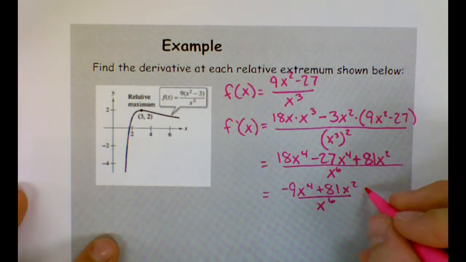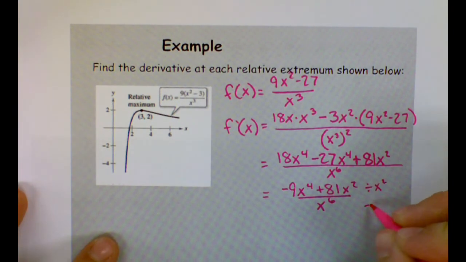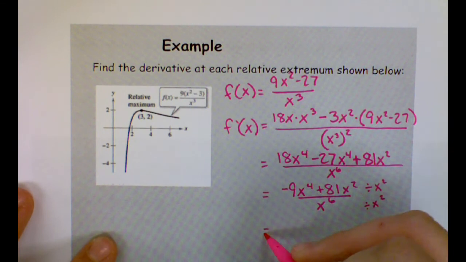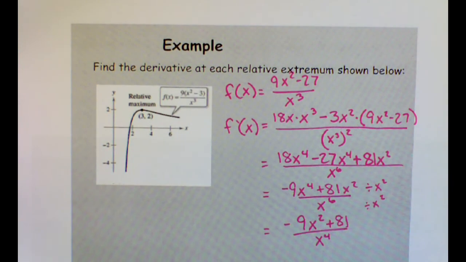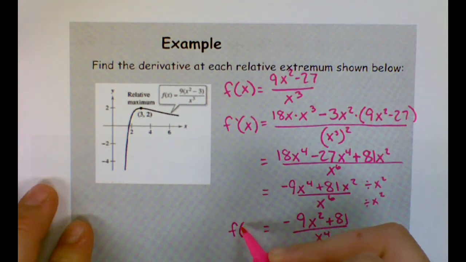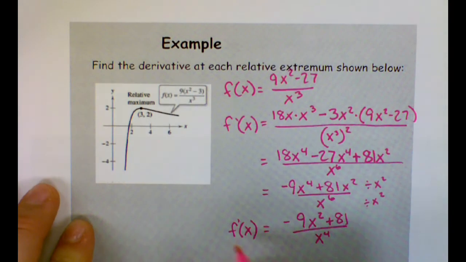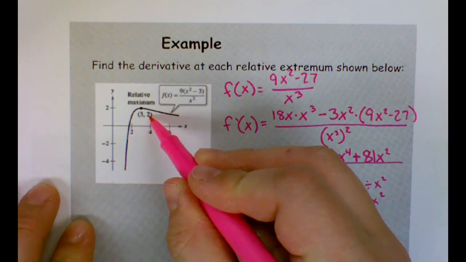And I can divide all of these by an x squared. So I'm going to do that also. Negative 9x squared plus 81 over x to the 4th power. That's f prime of x. I want f prime of 3.